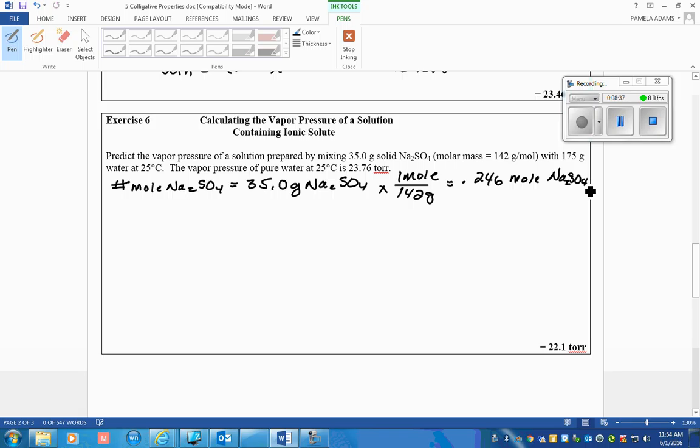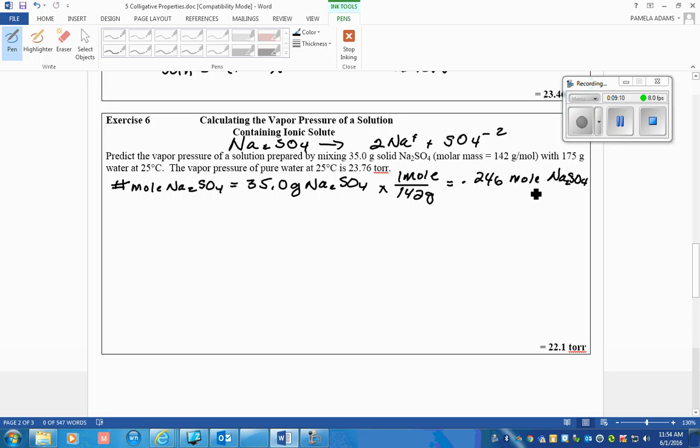Now we have to remember that the van 't Hoff factor, as we saw before, for sodium sulfate is 3. Sodium sulfate will, in solution, break down into 2 sodium ions and 1 sulfate ion. So if I have 1 mole of sodium sulfate, I will get in solution 2 moles of sodium ions and 1 mole of sulfate ions.